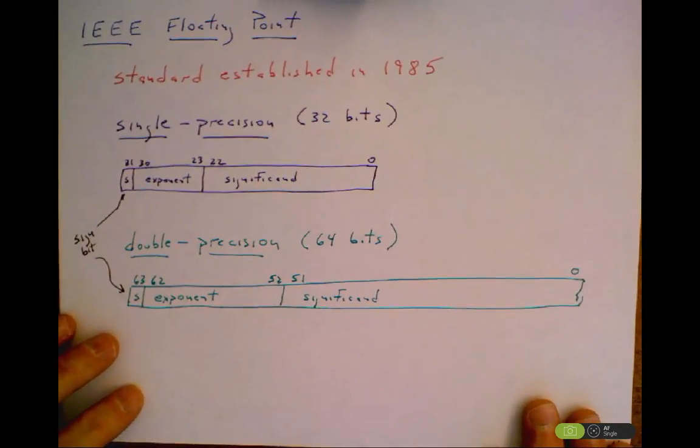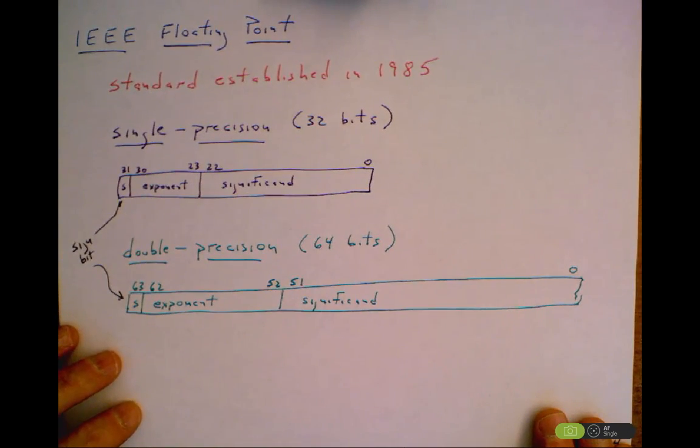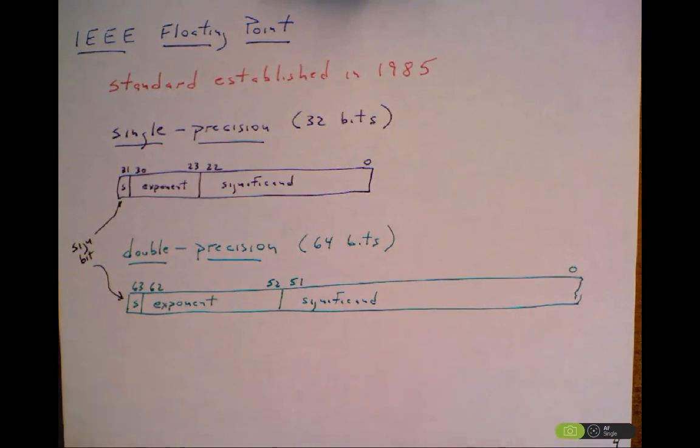In the old days, all computer manufacturers had their own proprietary floating point formats. In fact, many of the vendors still have their proprietary formats, but nowadays the vendors also support a standard floating point. It's known as IEEE floating point. It's actually standard 754, which was established in the mid-80s.